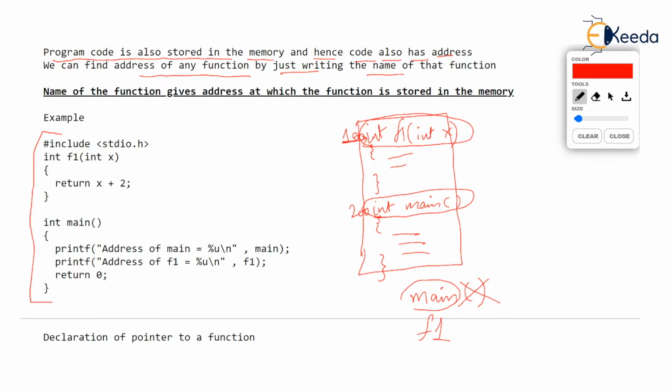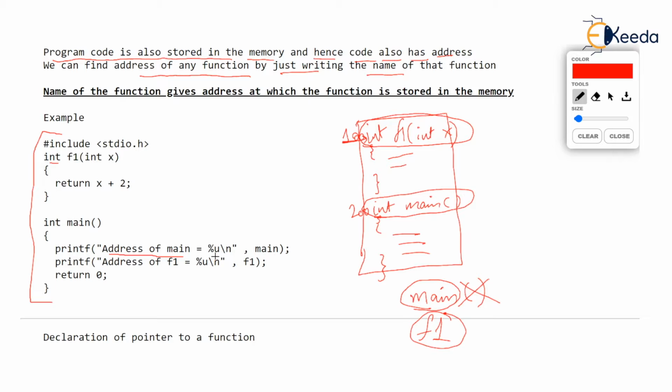So let's see what we have done in this code. I have written a simple function f1 which gets some integer x and returns that integer plus 2. So its return type is integer. Of course, f1 is loaded in the RAM as shown here. Then I have main. In main, I am trying to print the address of main. And of course, I will use %u because I am printing an address.